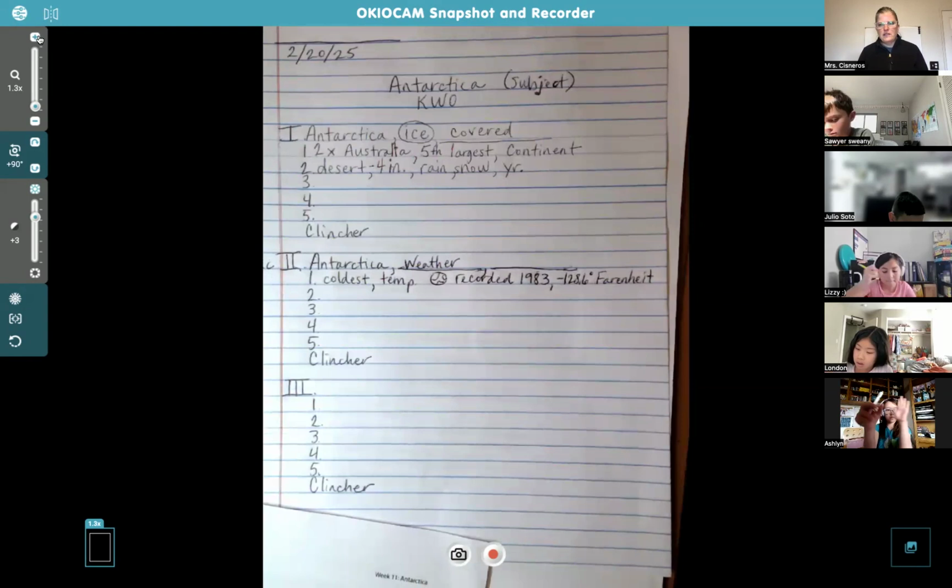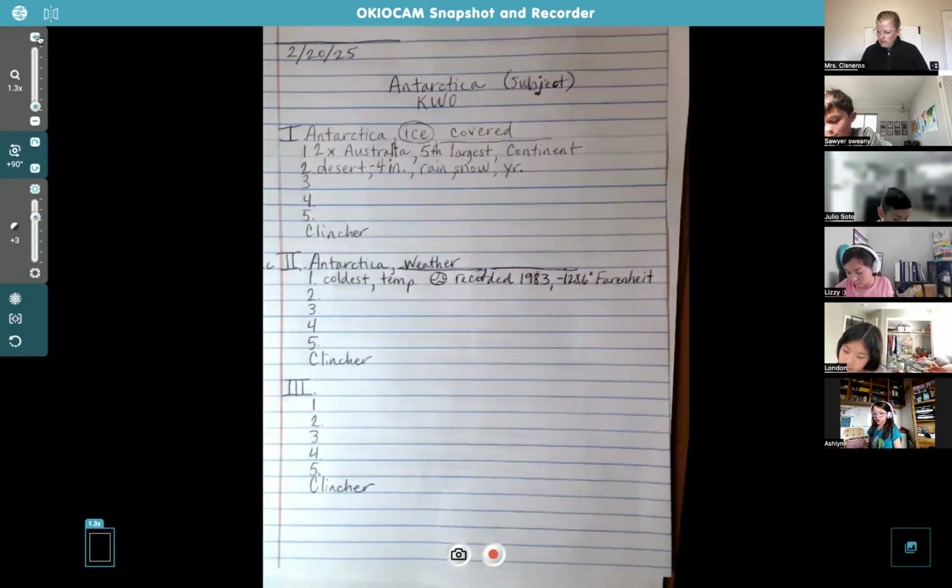If you're working on plants and animals, remember you're only going to look at that other paragraph about plants and animals or people. Ashlyn, did you have a question? My second thing underlined was there are numerous species of mosses and liverworts, but only two species of flowering plants which grow in the summer and disappear at the beginning of winter.